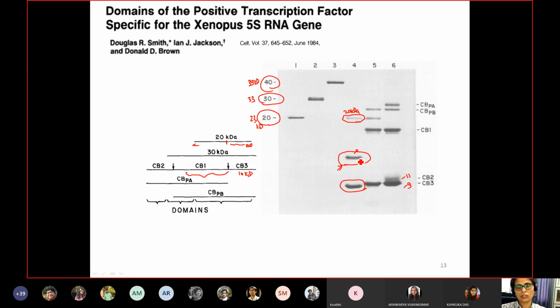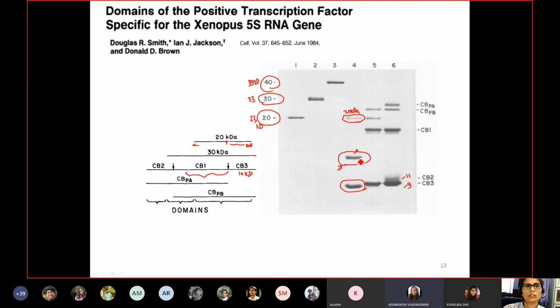All this variation in kilodaltons was observed by different scientists, and it all had to do with the oxidation state of different amino acids, especially lysine and cysteine residues, because there are a lot of cysteine residues in this. The major experiment they did to prove this oxidation state was with iodoacetate.